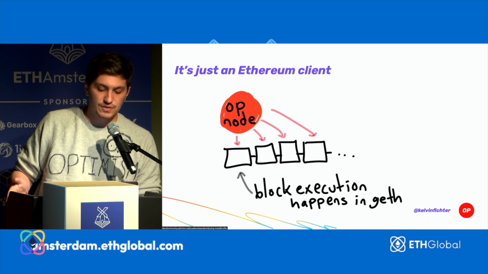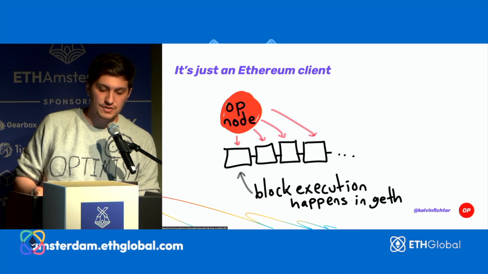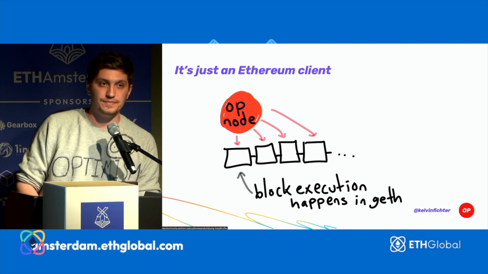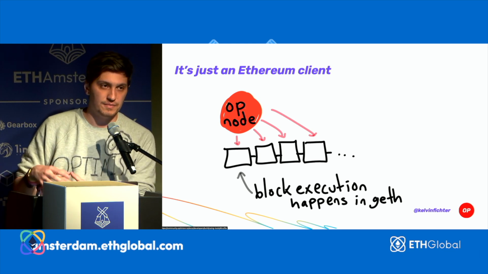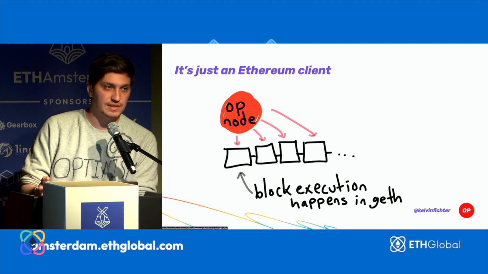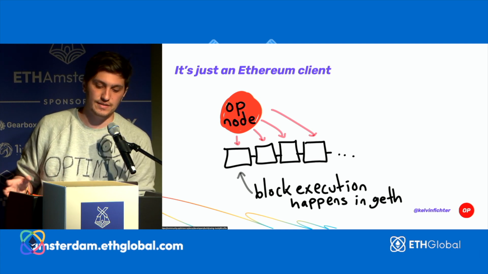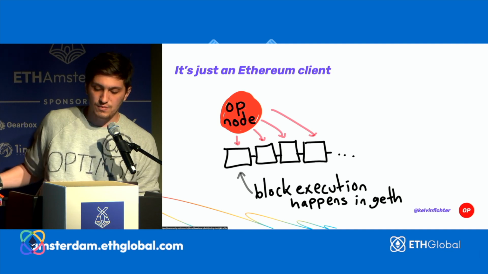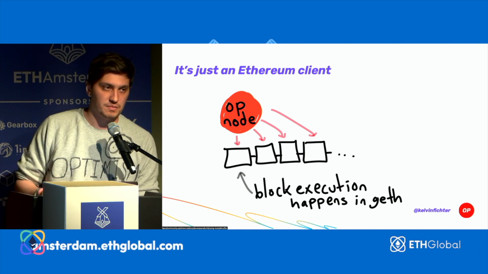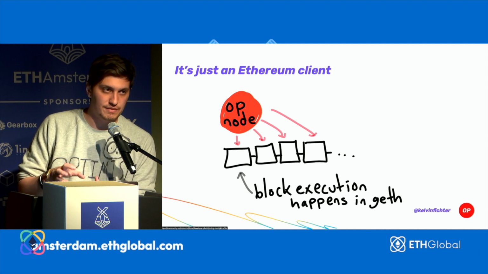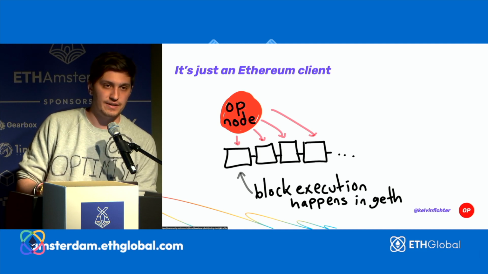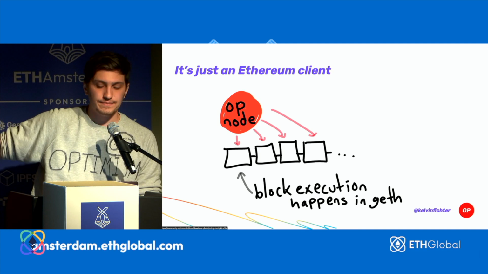And then what you're also doing is you're executing these blocks, and you're generating the results, right? When you execute a block, you get a resulting state root that says this is what the state of the system is. You get a bunch of information about the state of the system. And we execute a bunch of blocks, and then after a certain number of blocks, we take the state root of that block and some other information about it, and we publish it to layer 1.